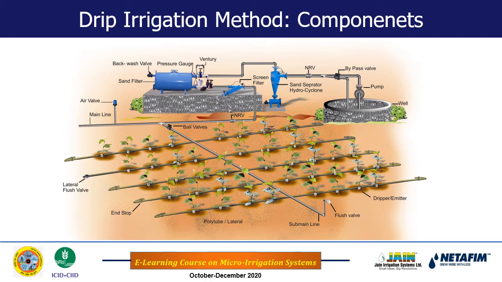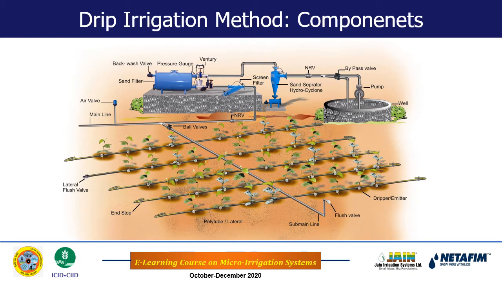Let me explain first the major components of the drip irrigation system. This main valve is connected to the screen filter, and then this screen filter is connected to another filter which is known as the sand filter.